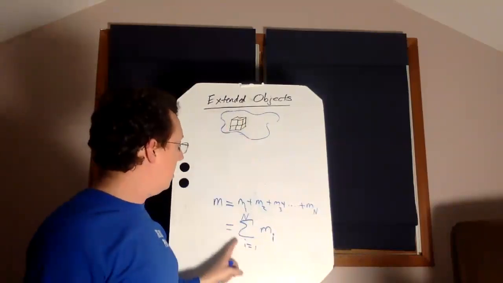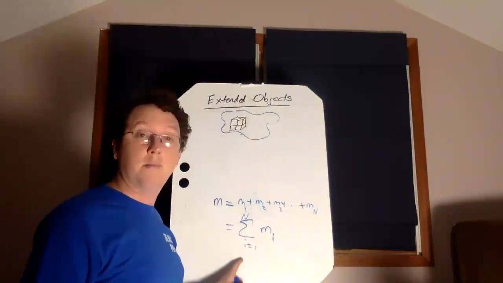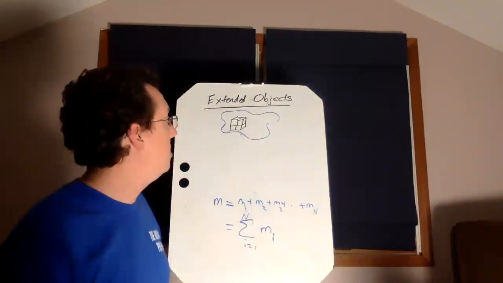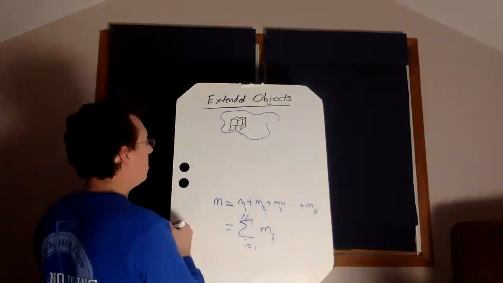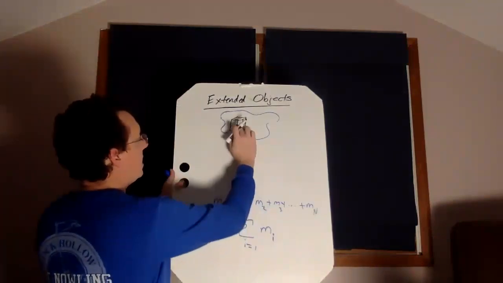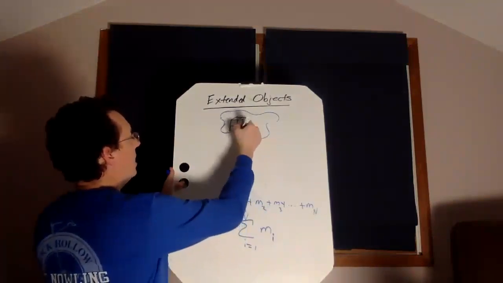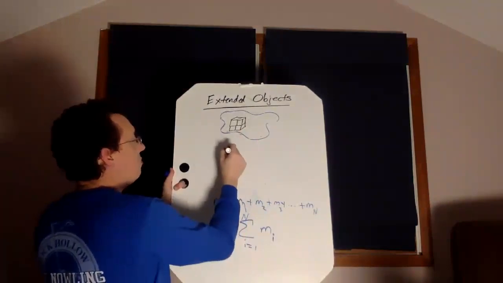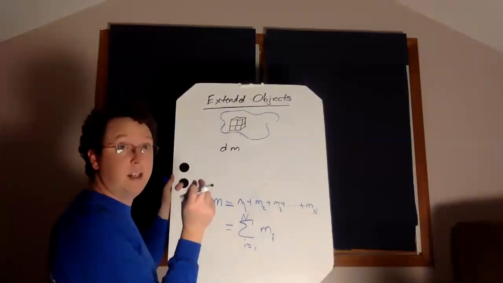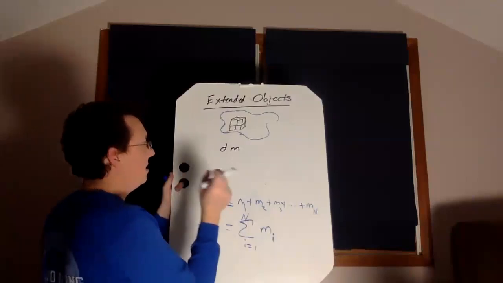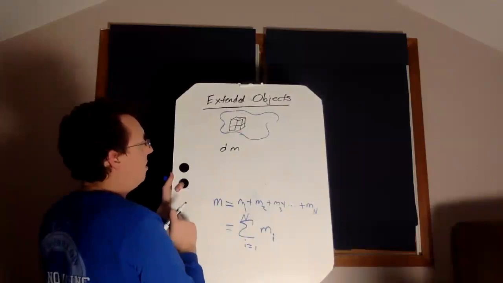This sum formula becomes an integral. So the idea is, instead of this sum, we are going to think of these guys as each having a tiny mass. Each one has a mass that we'll just call dm, or like a differential, like a baby step, is the mass of each one.